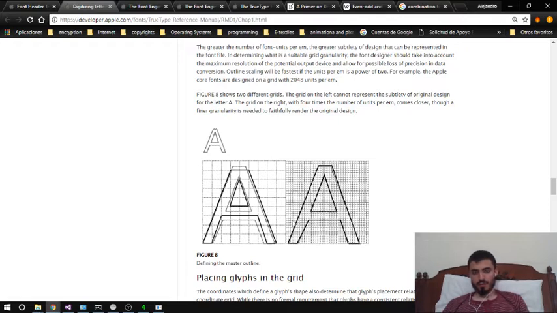Yeah, none of them are so precise. Both of them have irregularities and imprecisions. So the more granularity, the better precision for the glyph.